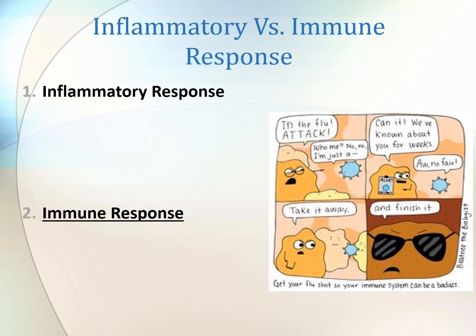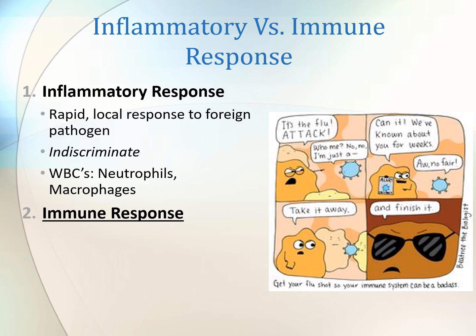I hit on this topic a little bit in the beginning of the class. What's the difference between inflammation or an inflammatory response versus an immune response? An inflammatory response is indiscriminate, meaning it doesn't care what is causing the inflammation. It's going to respond no matter what, and it's going to respond very quickly.